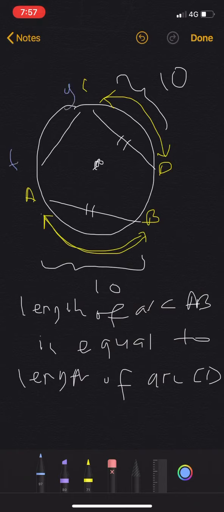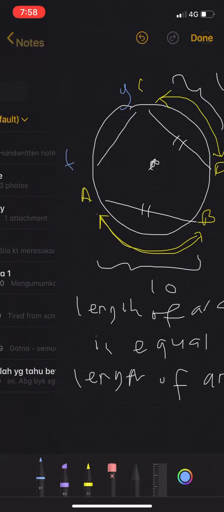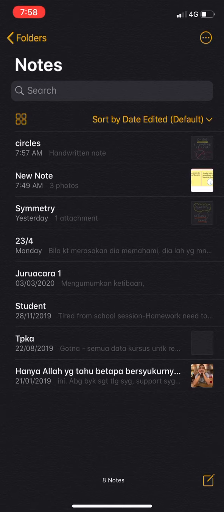So automatically the length of arc FG does not equal the length of arc CD or AB. Do you understand? The length of arc is equal if the chords are equal in length. If you have two chords that are equal in length, the length of the arc for both chords are equal.